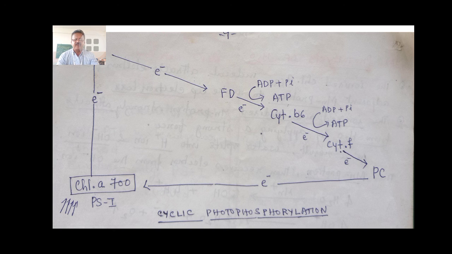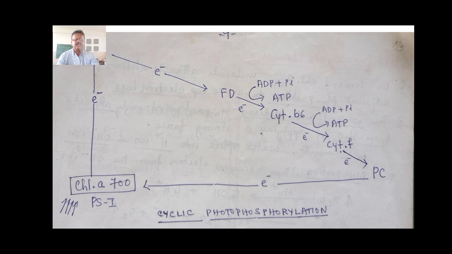After receiving, FRS transports it to FD. From FD it goes to cytochrome B6. Between FD and cytochrome B6, during transfer, some amount of free energy gets released.